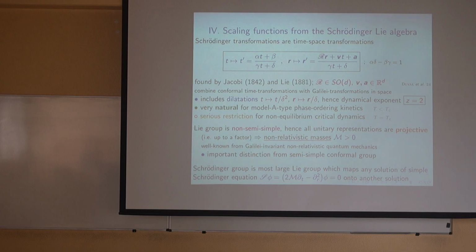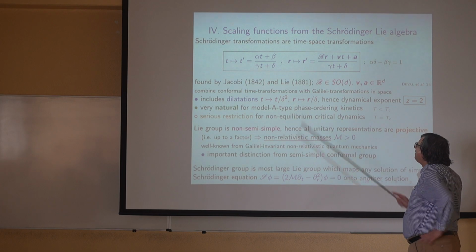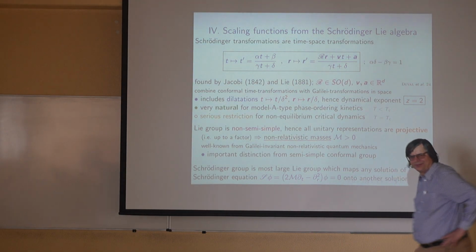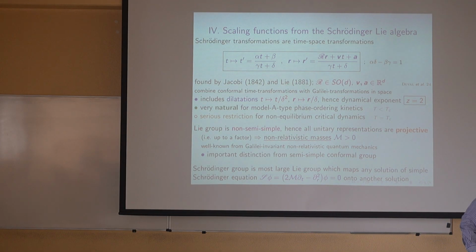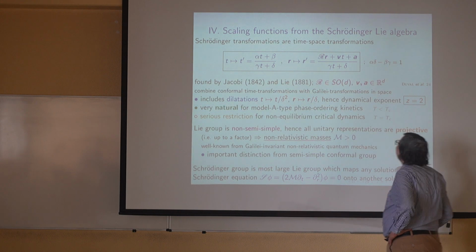So we look into so-called Schrödinger transformations, which of course have nothing to do with Schrödinger, but they have to do with Jacobi and Appell, about 100 years before. So what is a Schrödinger transformation? In time, you take these things here. So that is a fractional conformal transformation which you may know. So we have in particular time translations, you have dilations, and then you have something else.